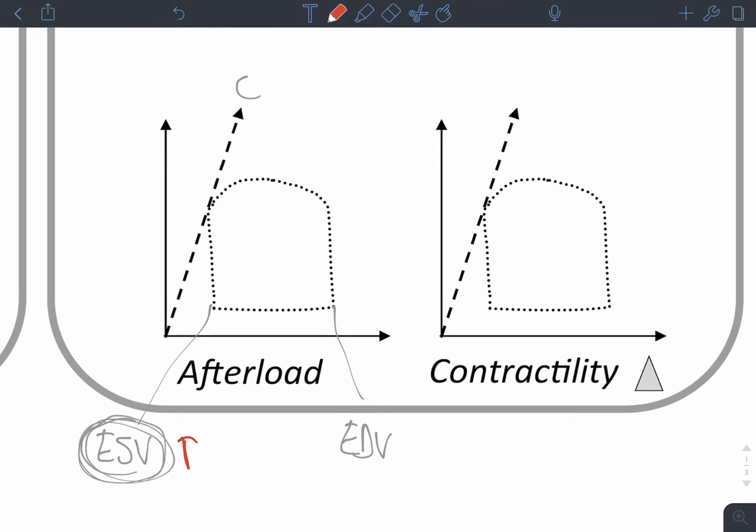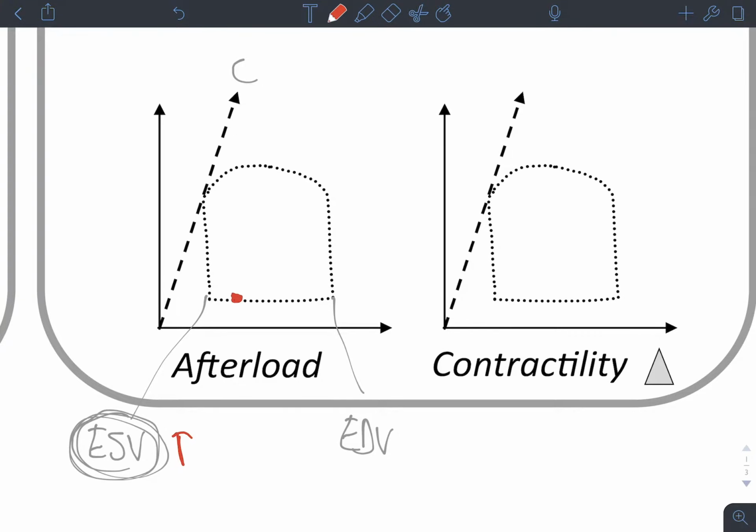So that means our point is shifting a little bit to the right. Okay, and our curve is going to look like this. Perfect. So stroke volume went from all the way across, and it's actually shortened a little bit, so now stroke volume has decreased. All right, and let's do it the opposite way.